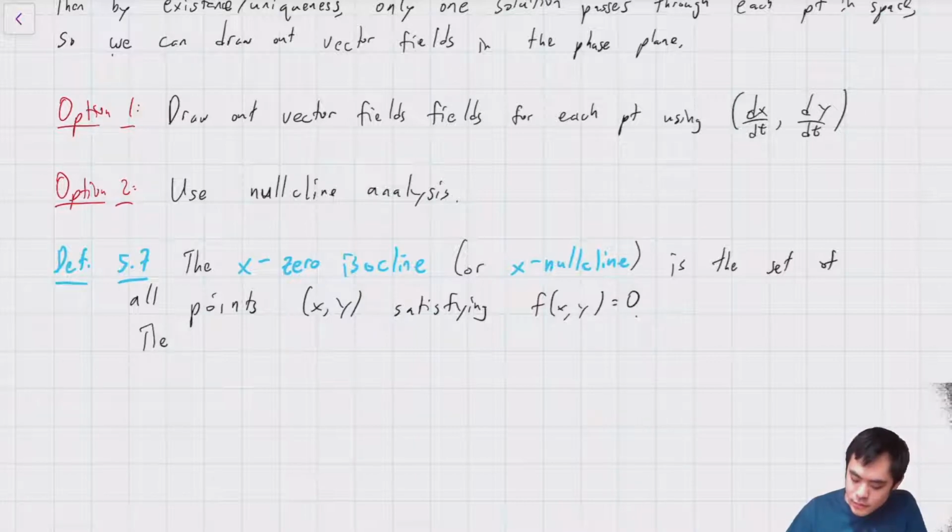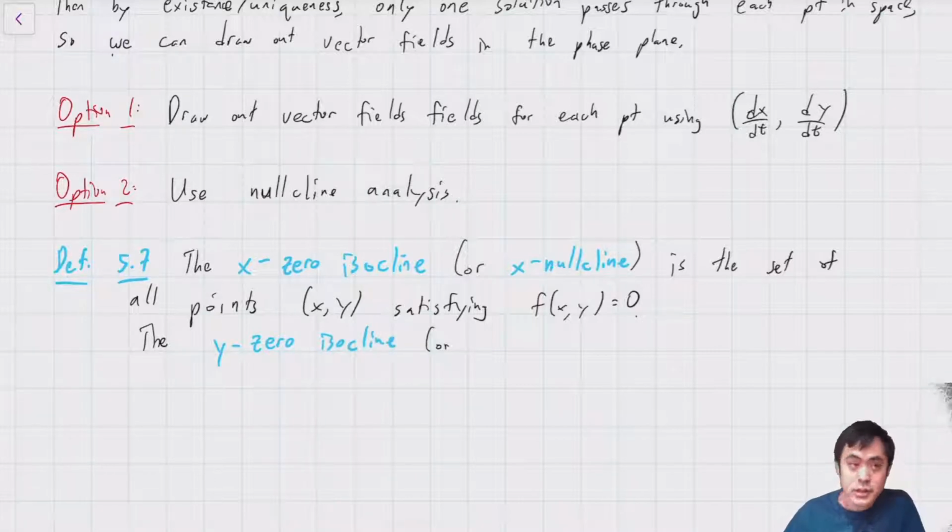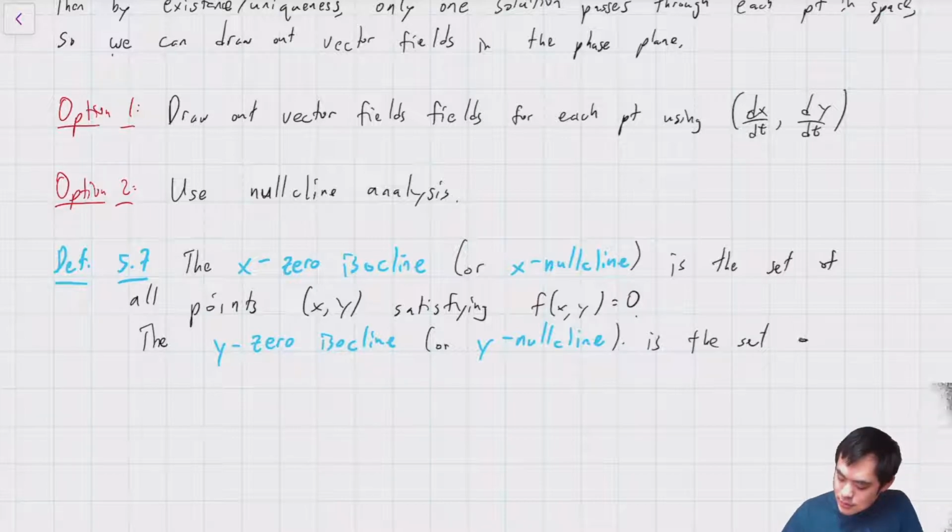And the y0 isocline, or the y nullcline, is the set of all points that satisfy g of x, y is equal to 0.